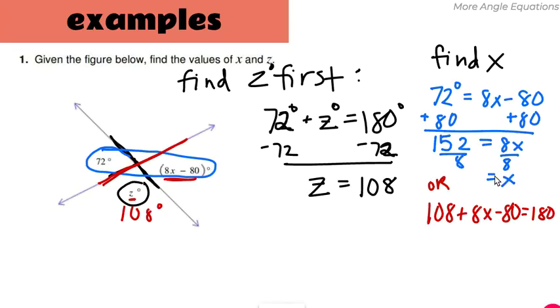And when I divide, I get x equals 19 degrees. And if you solve this red equation down here, you should get x equals 19 degrees. Okay. So z equals 108, x equals 19.